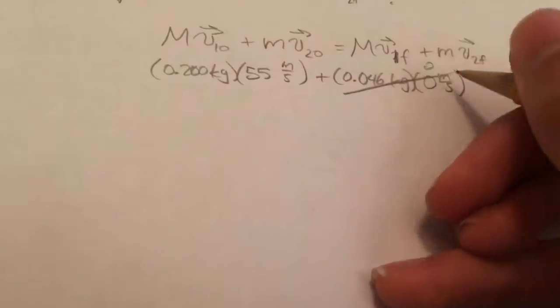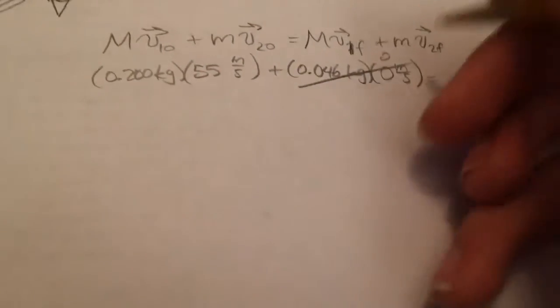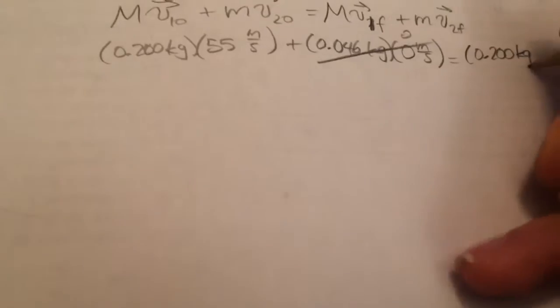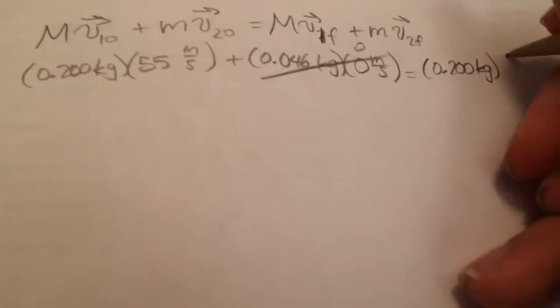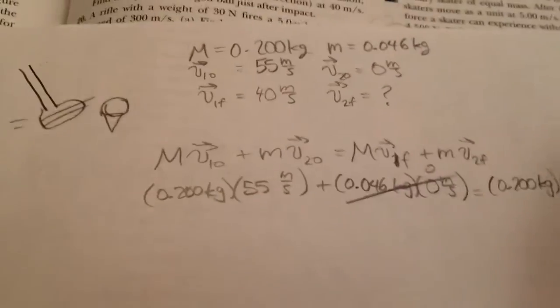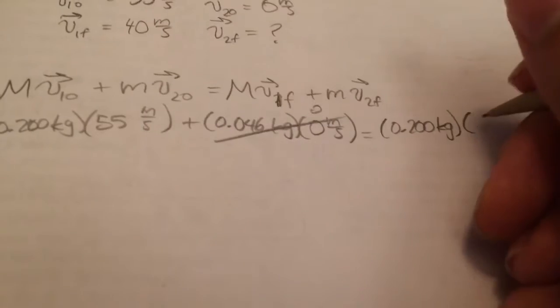We can cancel this out. On the other side, again, 0.200 kilograms, the mass of the golf club, and the final velocity of the golf club, which is given to us, as it says right here, 40 meters per second.